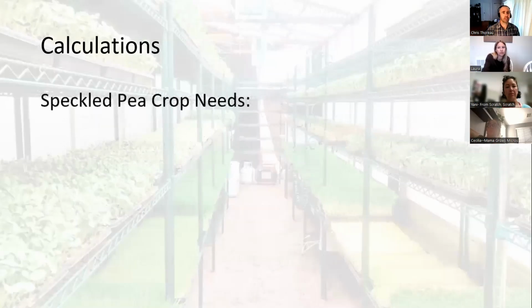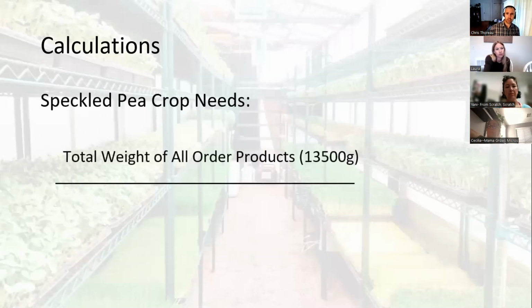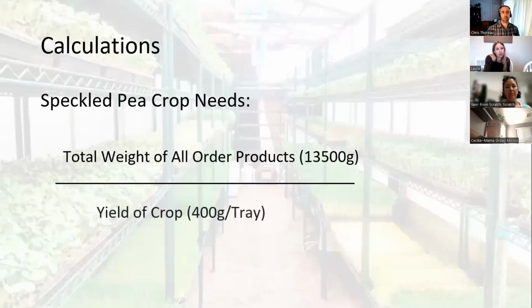When we look at our needs, to calculate how many trays we need, we use the total weight of all our products for peas, which was 13,500 grams, divided by our expected yield per tray of speckled pea, which is 400 grams. That calculation tells us we need to sow 33.75 trays of speckled pea.